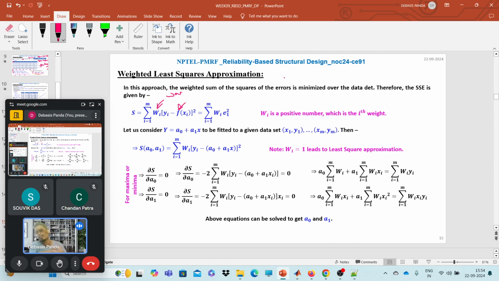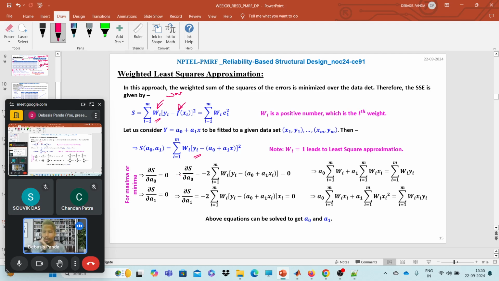The rest of the calculation will be the same, just one weight will come before that. For the first order equation, we have this as our SSE, where there are two unknowns, a0 and a1. Now if we minimize this, what do we need to do?